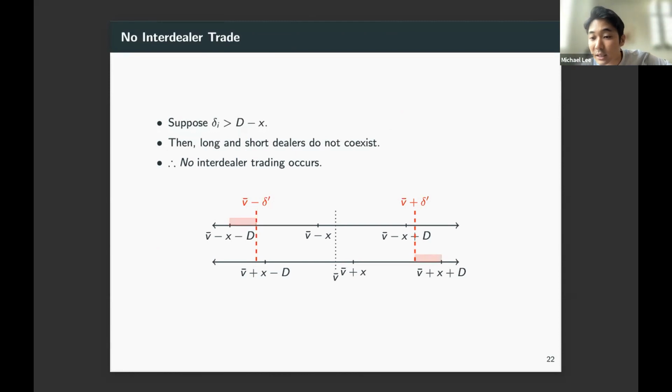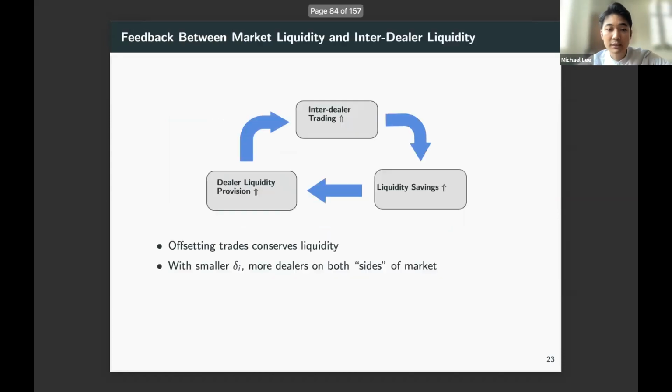And so you can see that interdealer trading is also going to hinge on the extent to which dealers are willing to provide liquidity to their traders, and also then to actively trade and participate in the interdealer market. So in this particular environment, we have this feedback between market liquidity and interdealer liquidity.